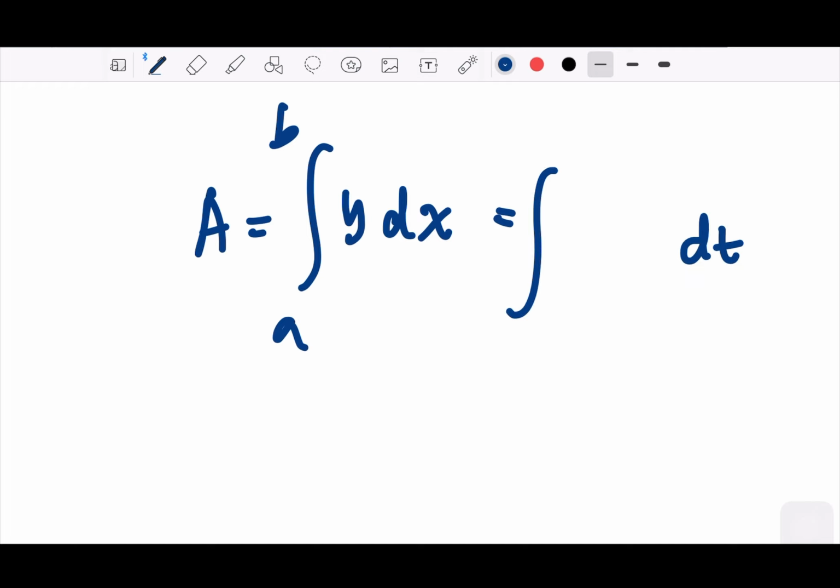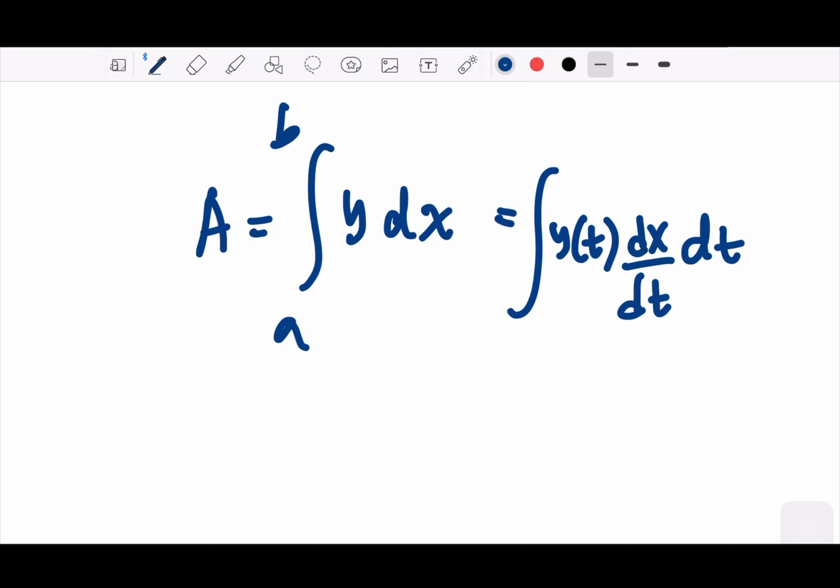right? And if this is y, and we want to change from y as a function of x into a function of the parameter, because that's basically the same curve, we can write this. And to make it sensible in terms of the writing, we can make this into dx over dt. We can also look at it from that perspective. So it's just a manipulation of the chain rule that we already learned.